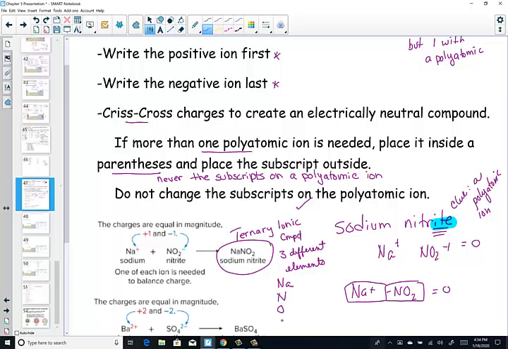I see 2 oxygens, elemental symbol O. 3 different elements, but no matter what, there's still just 2 ions. There is a sodium ion, and there is a nitrite ion. Na is a plus 1, NO2, negative 1. 2 ions chemically bonded together.